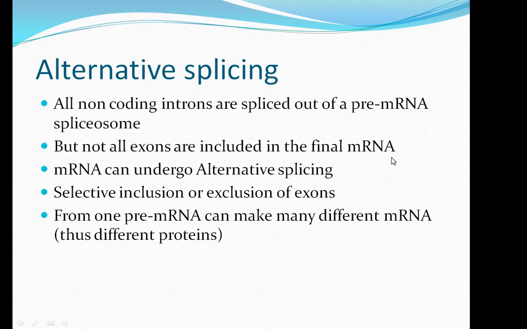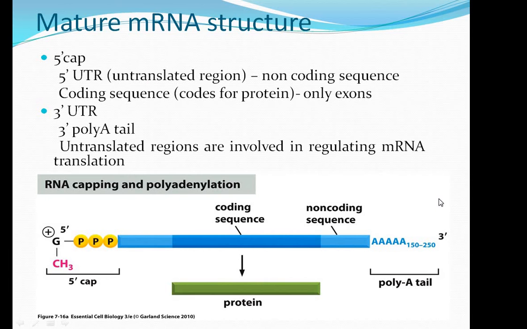So splicing is responsible for making mRNA. This is a mature mRNA structure, ready to be turned into protein.